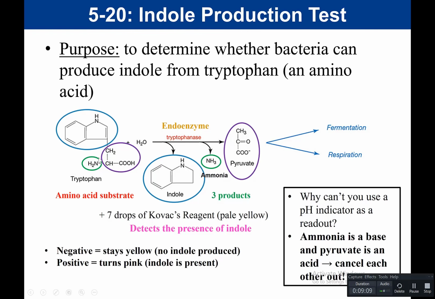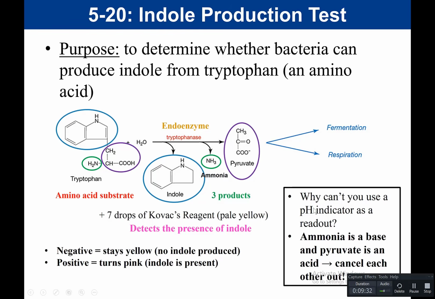This is my substrate. The enzyme that would need to be recorded is tryptophanase, which is an endoenzyme. It's an enzyme that's going to stay within the cell. For the products, you're going to record that there are 3 products. We have indole, we have ammonia, and we have our pyruvate.